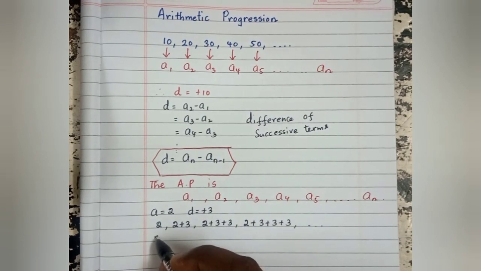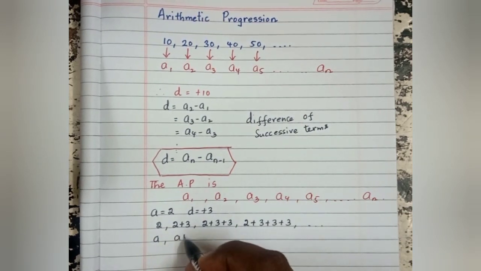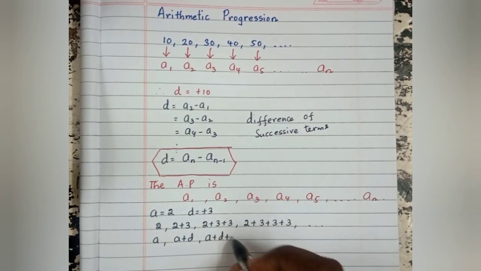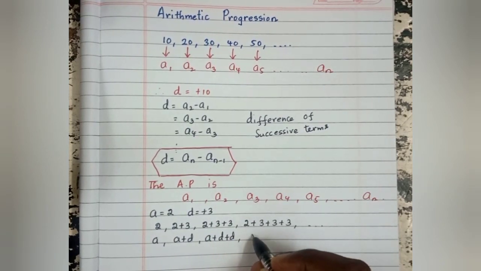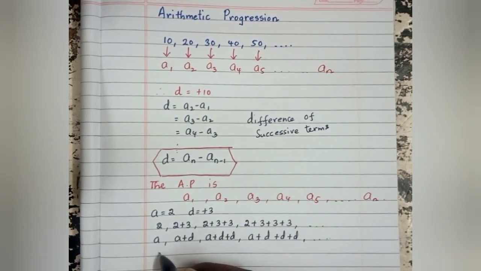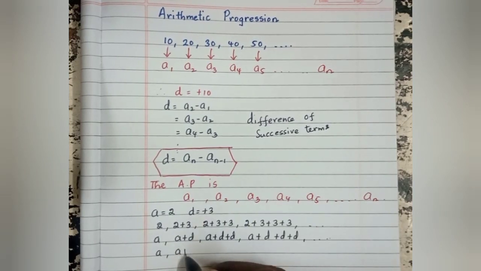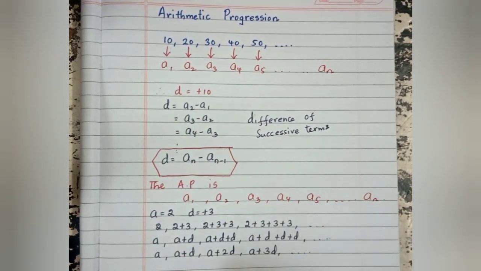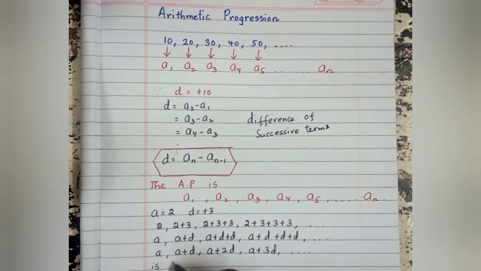So what I will do? A, that is A plus D, A plus D plus D, again A plus D plus D plus D. So in general, A plus D, A plus 2 times D, then A plus 3 times D is the general form of AP.